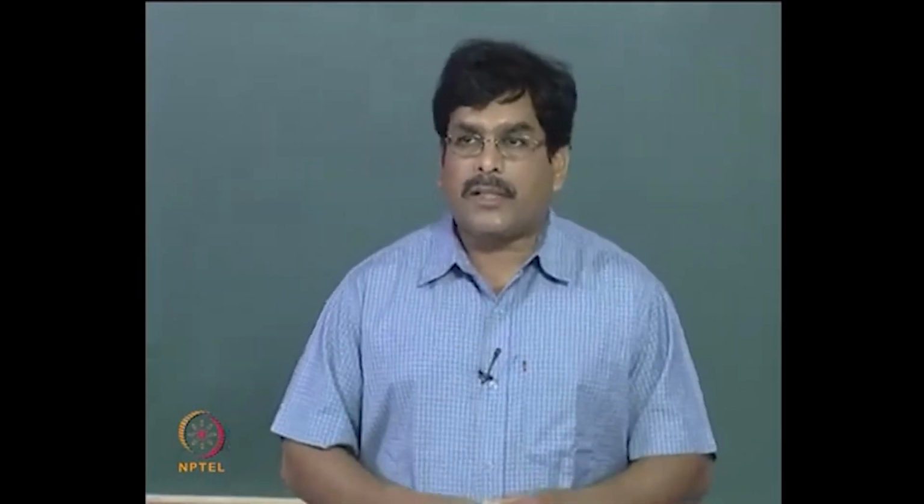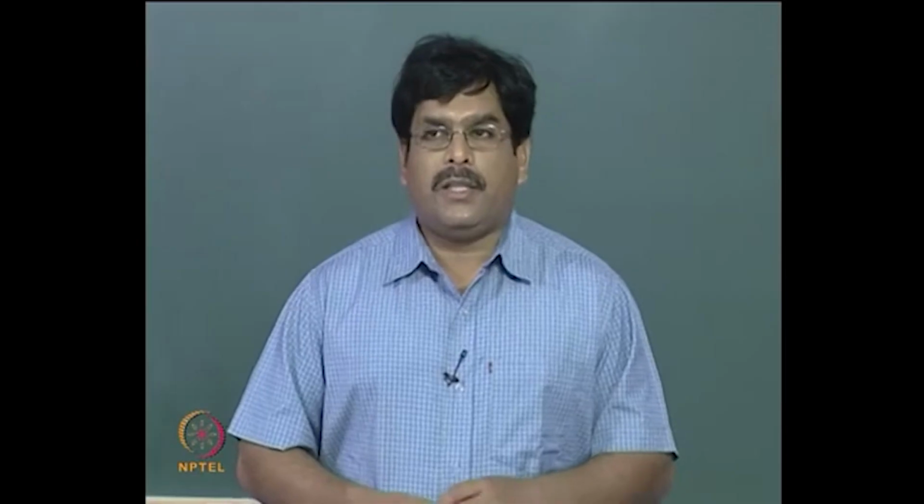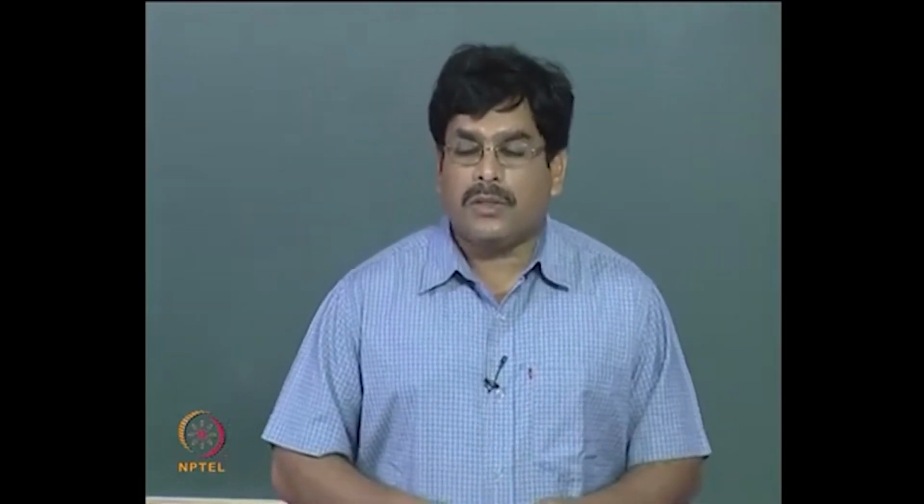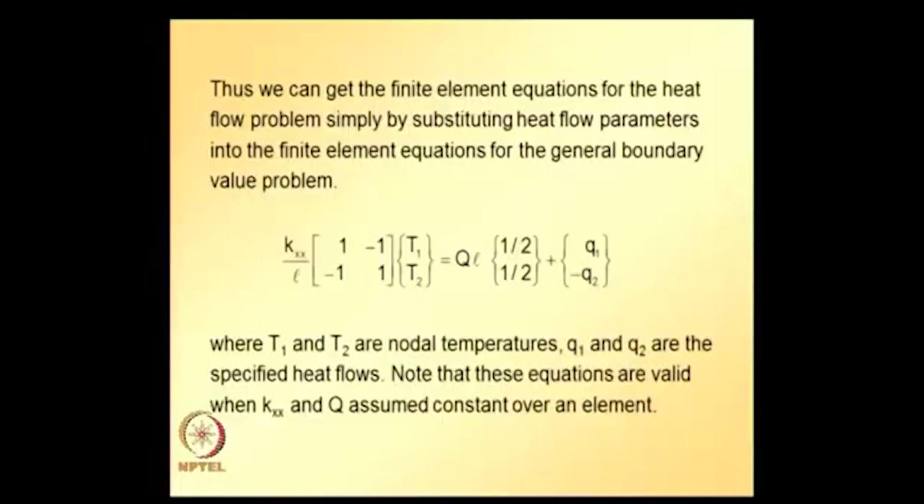In this element equation, T1 and T2 are the nodal temperatures, because T, the field variable in the general boundary value problem, is now temperature. Q1 and Q2 are the specified heat flows or heat flux.